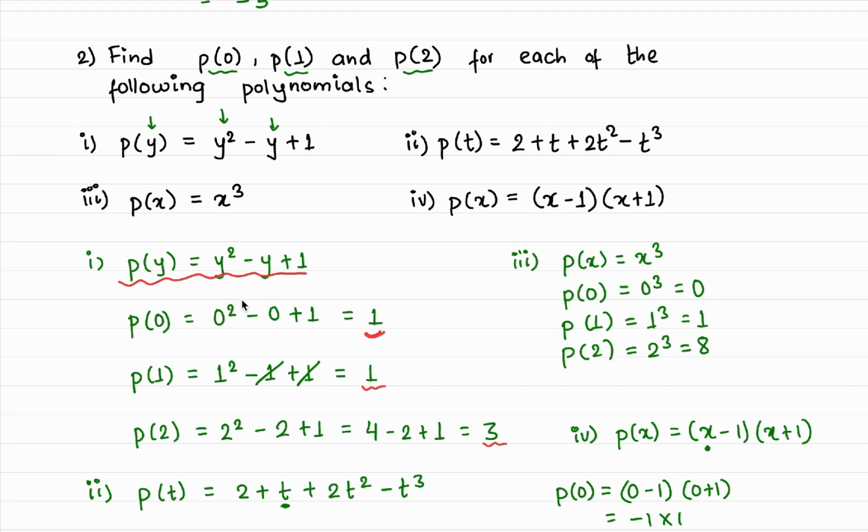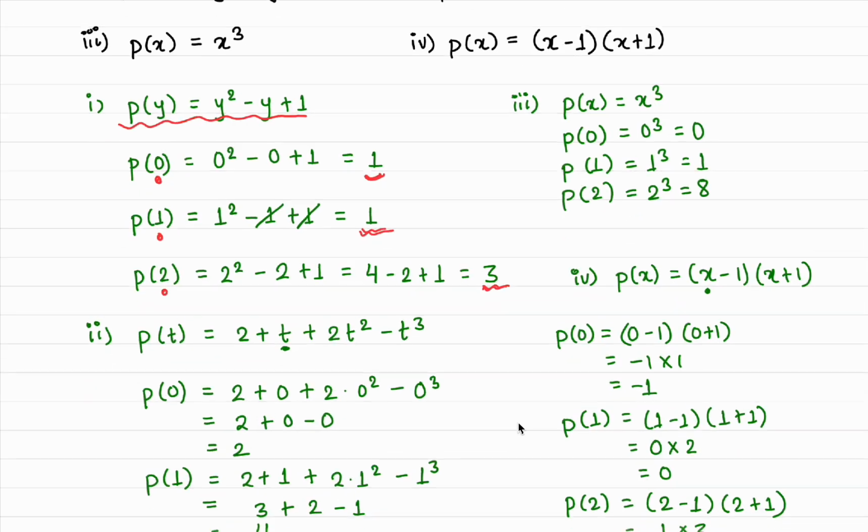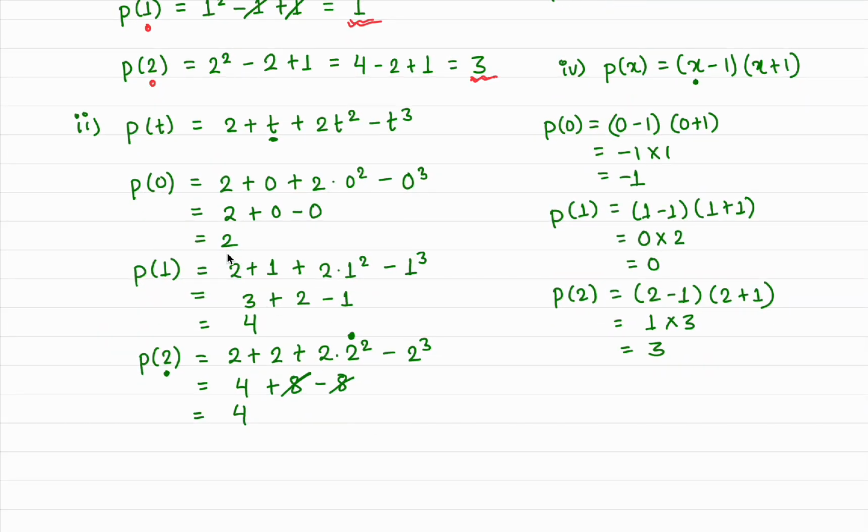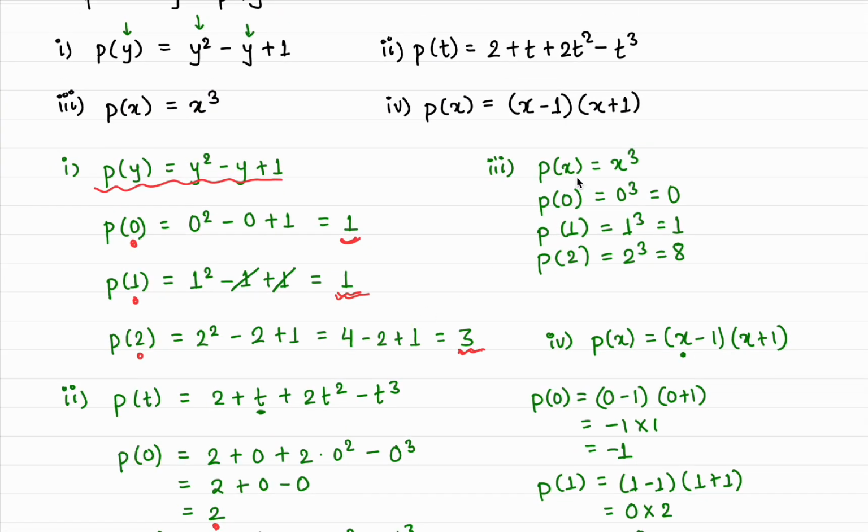So when we put these different numbers in our polynomial, we get particular answers, in terms of numbers 1, 1 and 3. Similarly, in our second case, we got 2, 4 and 4.